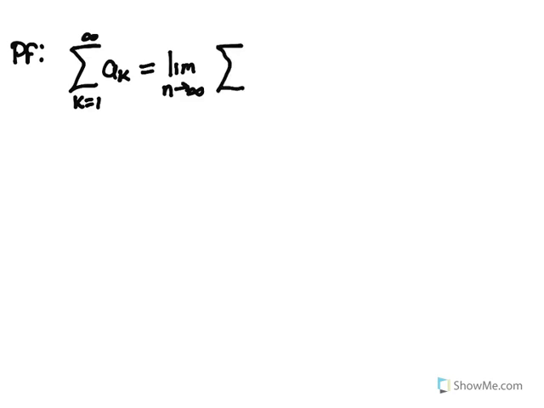So let me give a quick proof of this fact. The sum k equals 1 to infinity of a_k is equal to, by definition of series once more, the limit as n goes to infinity of the partial sum k equals 1 to n of a_k.